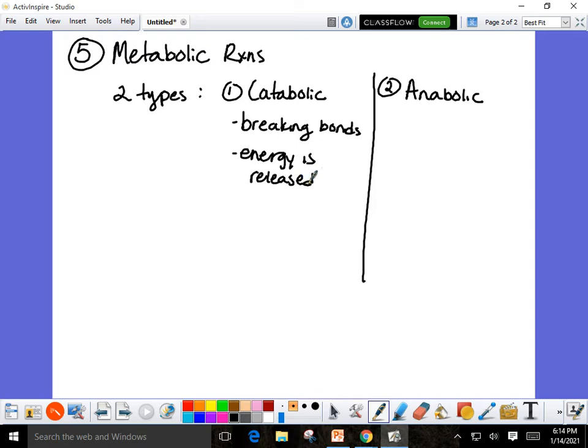And because energy is being released, energy in the form of heat, we call it an exergonic reaction, which means it gives off heat. The catabolic reaction of breaking ATP, which causes your muscles to shiver, gives off heat, which is what warms you up when you're cold.